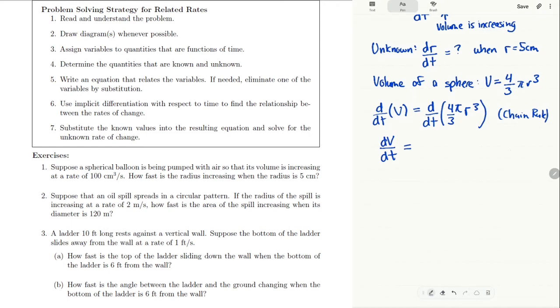So the 4/3 pi is a constant, so that stays in front. We multiply by the 3, so that gives us 4/3 pi times 3r squared. And then remembering the chain rule, we multiply this by dr over dt.